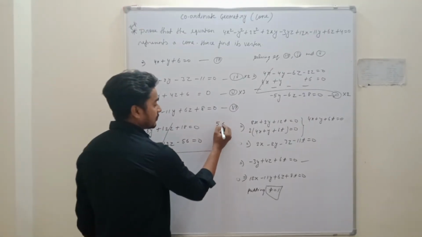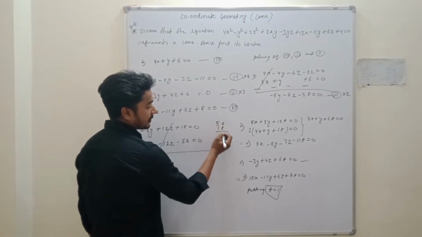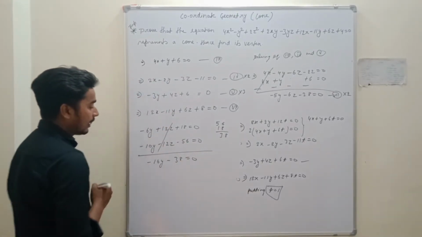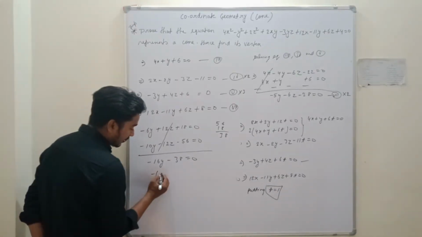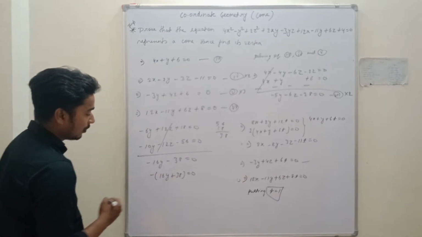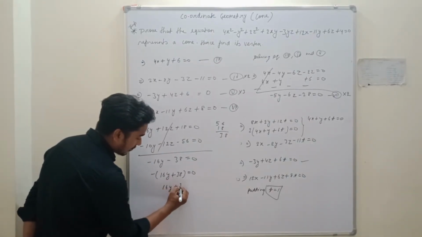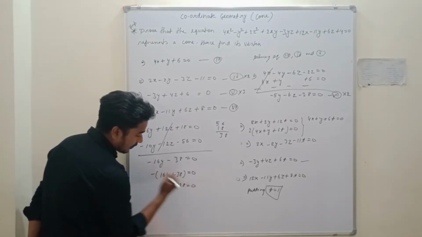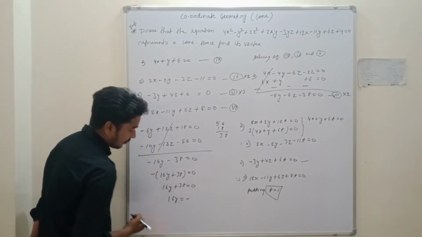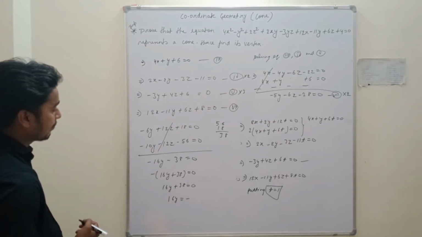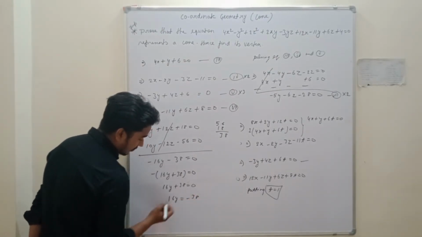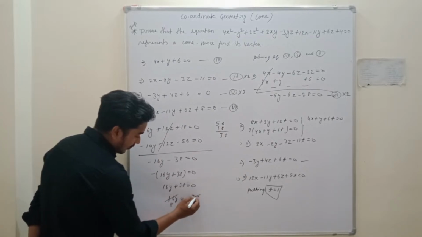We have to subtract, which gives 38 minus 38 is equal to 0, and from here taking minus common, we get 16y plus 38 is equal to 0. From here 16y is equal to minus 38.